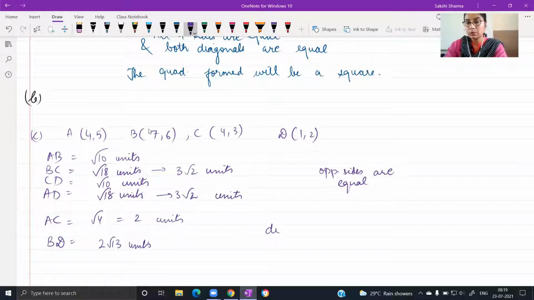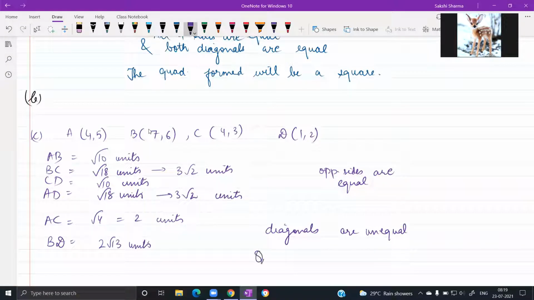The diagonals are unequal. So what do you conclude? Parallelogram. If it is a quadrilateral, it is a parallelogram.